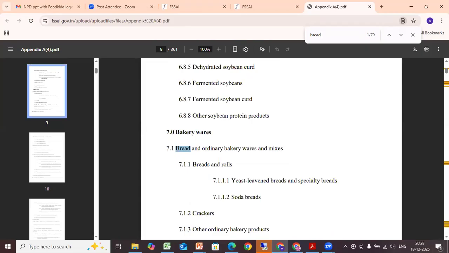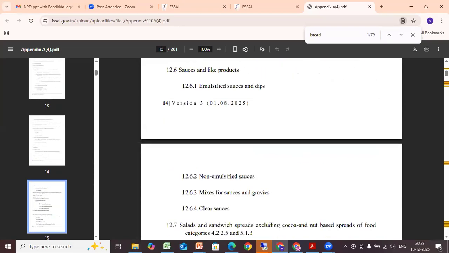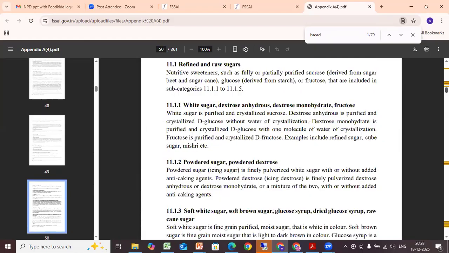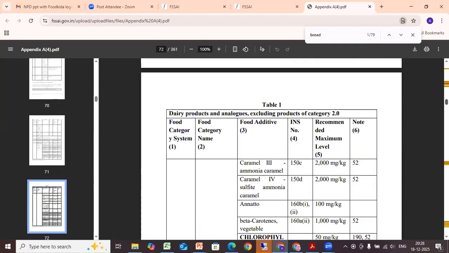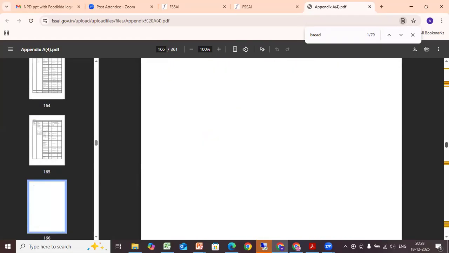You go through this bread section, 7.1. See what is allowed in 7.1, which additives are allowed for fortification purposes. Let's see.